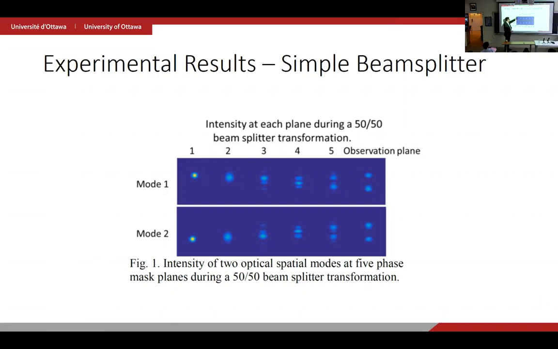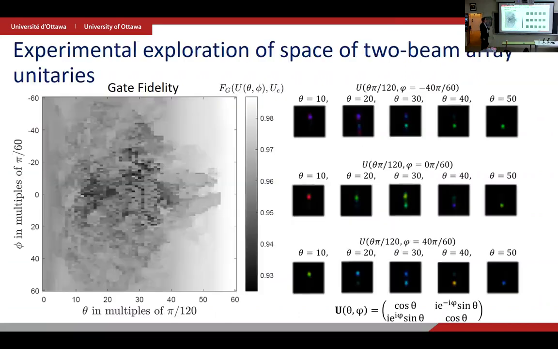So if we sent in one mode, we could make a superposition at the output. We've so far only done 2 beams coming in, so in the future, we'll increase it. And this is just showing that we could do that beam splitter transformation. And this sort of shows you what the light's doing as you go through. And again, it's just transforming in kind of a random, non-intuitive way.